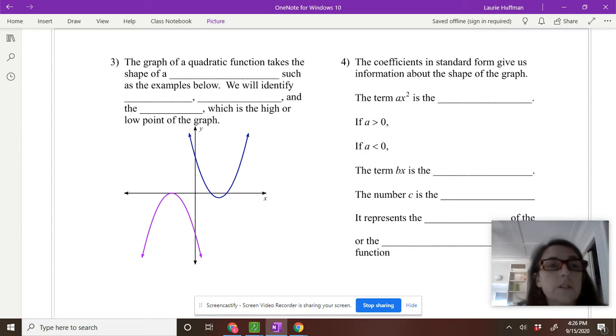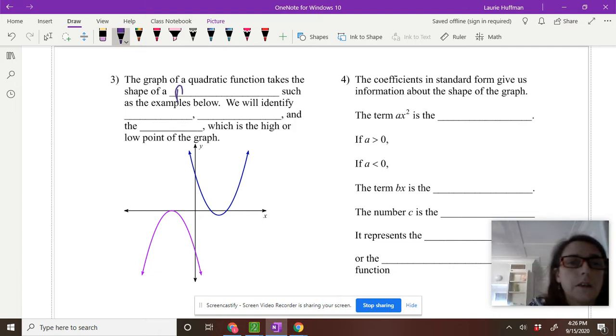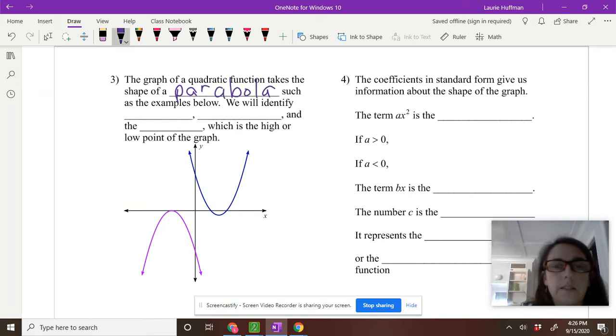All right, so number 3 says the graph of a quadratic function takes the shape of a parabola, P-A-R-A-B-O-L-A, and the examples below. So I have 2 examples of a parabola.